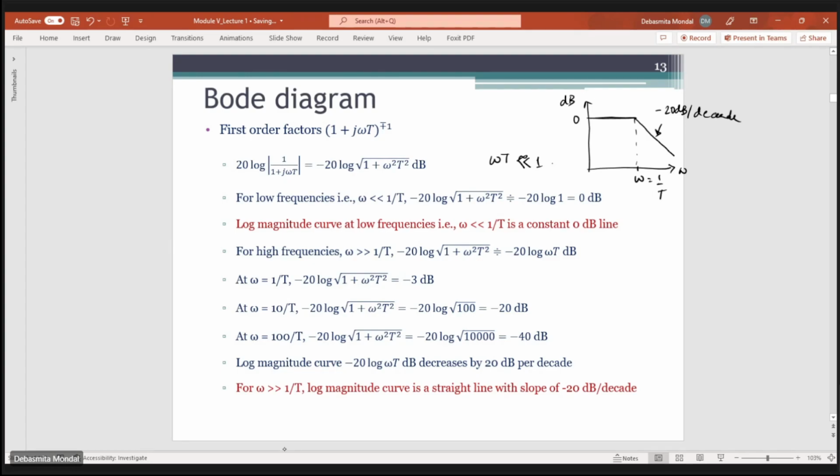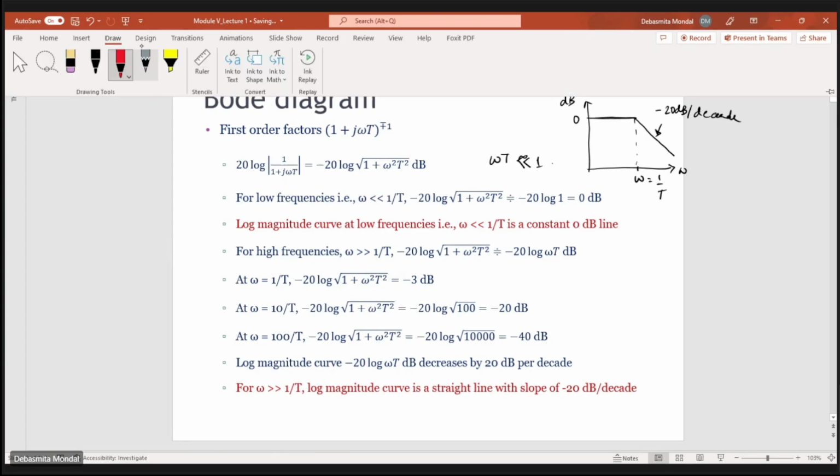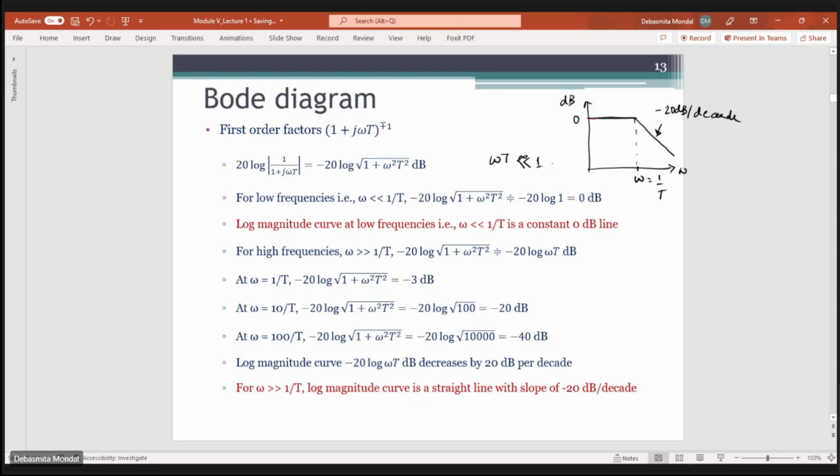So if you want to draw the actual plot, it will look something like this. Here you will have minus 3. At omega equals 1 by T, the magnitude will be minus 3 dB, and the red plot would be the actual Bode plot, but we can also approximate it using these line segments, the asymptotes.